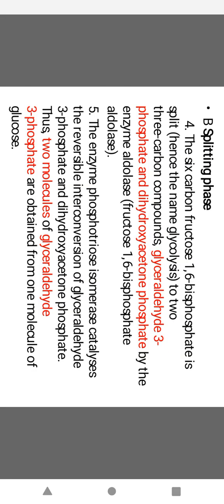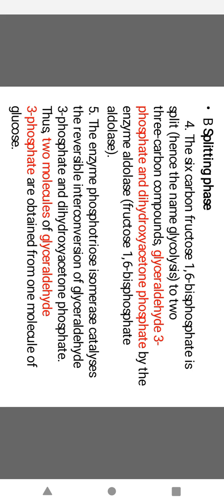The next step, splitting phase. The fourth step, splitting, means fructose 1,6-bisphosphate is cleaved into two different chemicals. The fructose 1,6-bisphosphate is split into two 3-carbon compounds. Fructose has 6 carbons that are divided into 3.